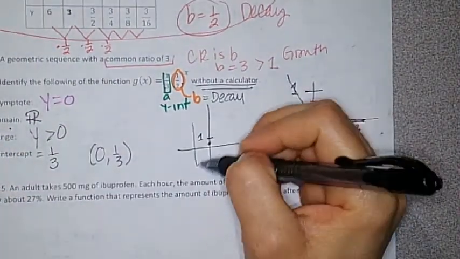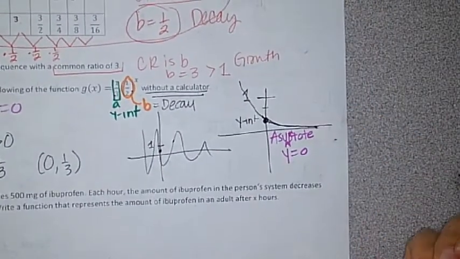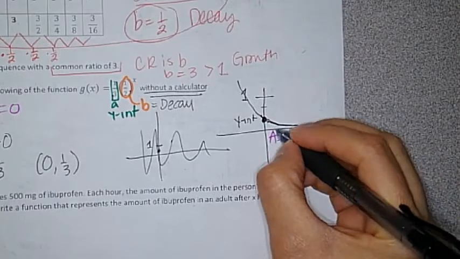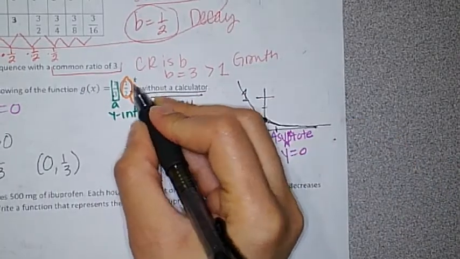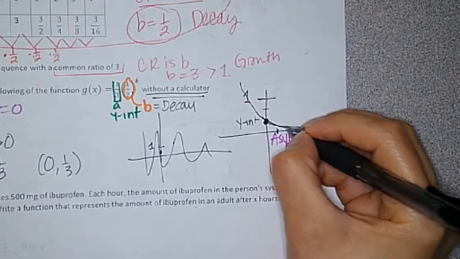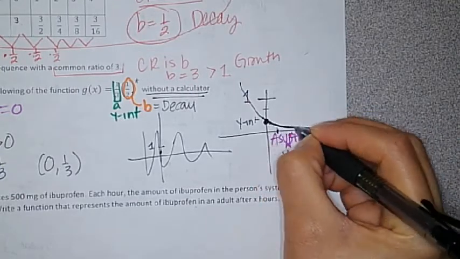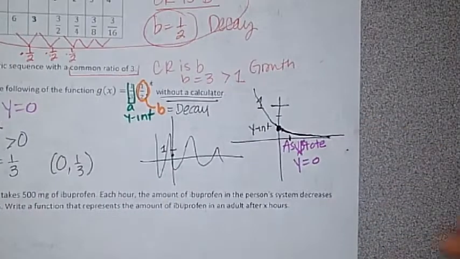So ignore this one, I made it larger. You can plug in numbers and make a table if you like. When x is 1, you're going to have 1/6, so it's going to be smaller and smaller and smaller. So this is what it's going to look like. Remember that we need to do it without a calculator.